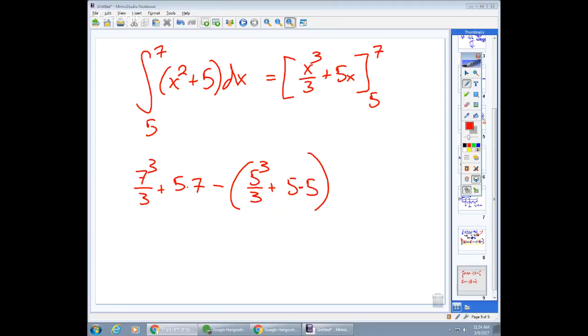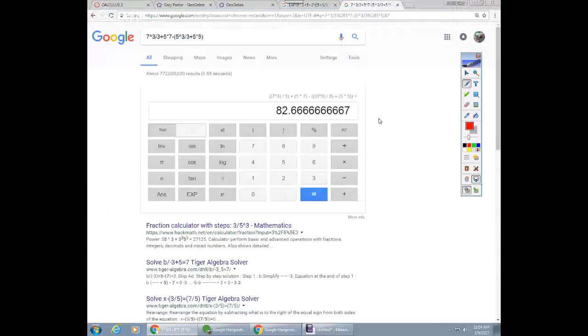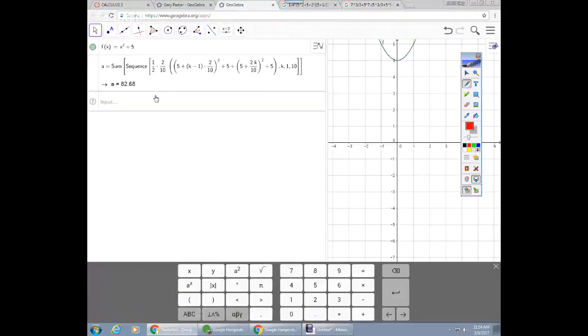And so let's double check what our previous ones were. The 10 trapezoids was, oh, let me bring this in. Yeah, so here's my 82.6666. 10 trapezoids gave me 82.68. That's not bad. Took me 10 trapezoids to get 1 decimal of accuracy. I'm off by about 100th.